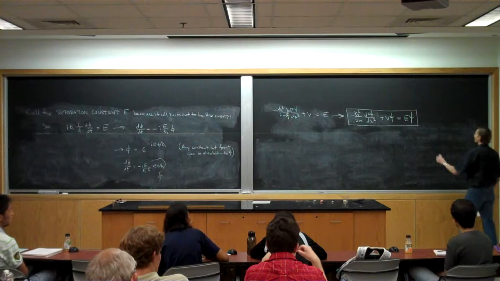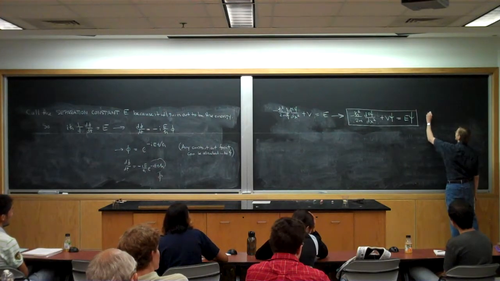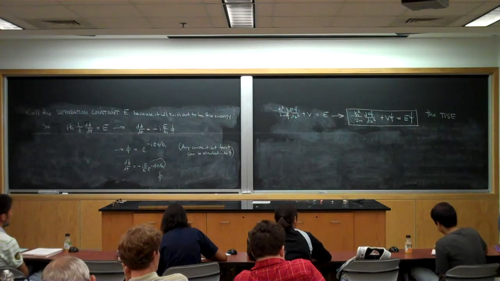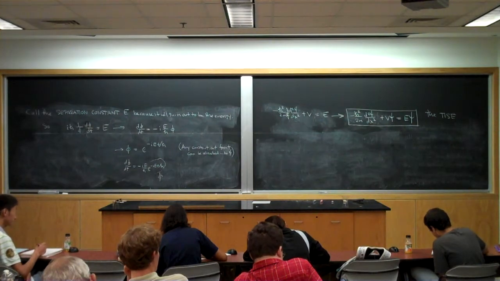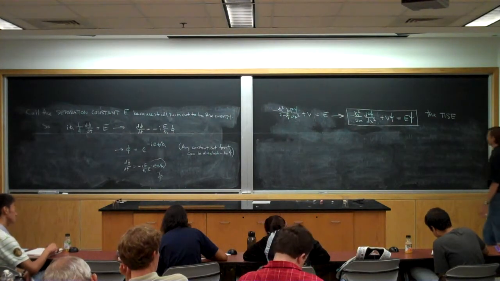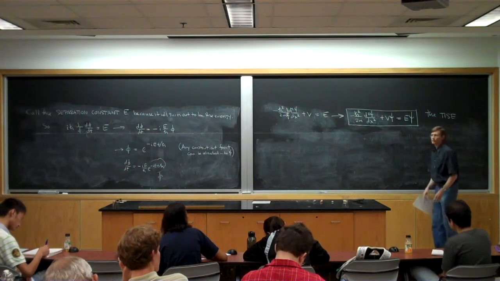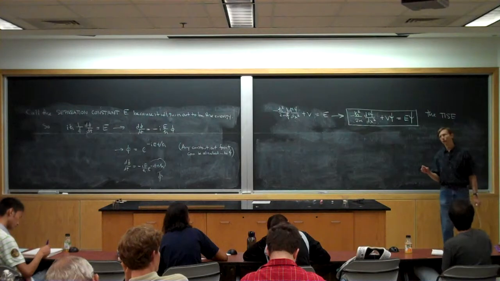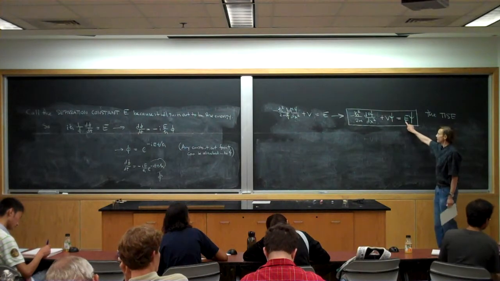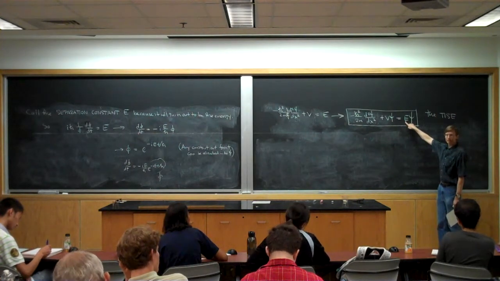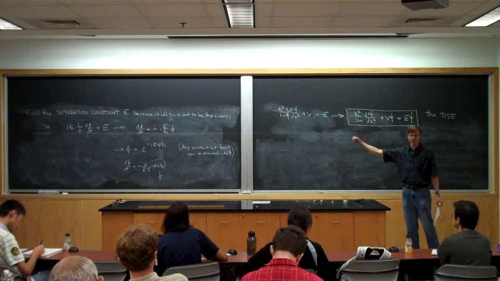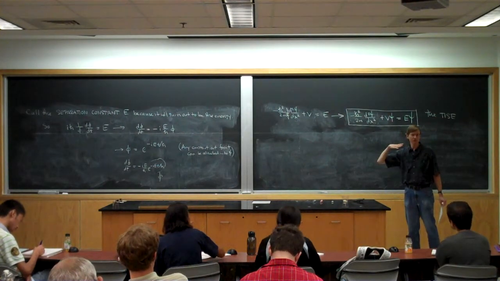That's the time-independent Schrodinger equation right there. So that's the point, is that we've done separation of variables. If we can solve this spatial equation, we tack onto it e to the minus iEt over h bar, and that's the solution of the full time-dependent Schrodinger equation.